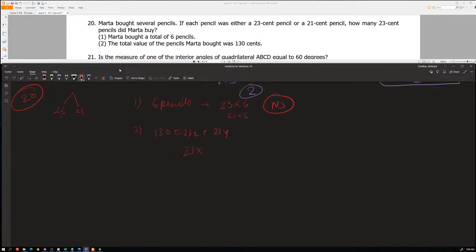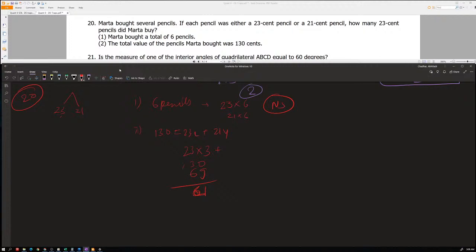So 23 into 3 is 69, and 130 minus 69 leaves 61. Getting 61 from 21 is not possible. We get 63, so that's not the case.